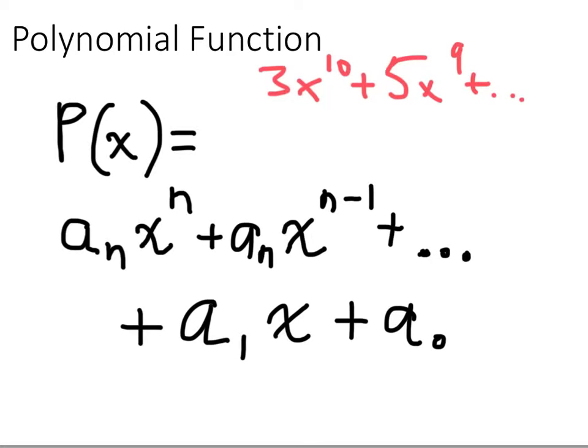All that would mean is it could look like some number, say 3, x to the 10th, plus another number, say 5, x to the 9th, plus and so on, x to the 8th, x to the 7th, all the way down until you get to a linear term, and then a constant term without a variable. So don't freak out. All this is the standard form. And how polynomial functions are usually written is with the exponents in descending order.